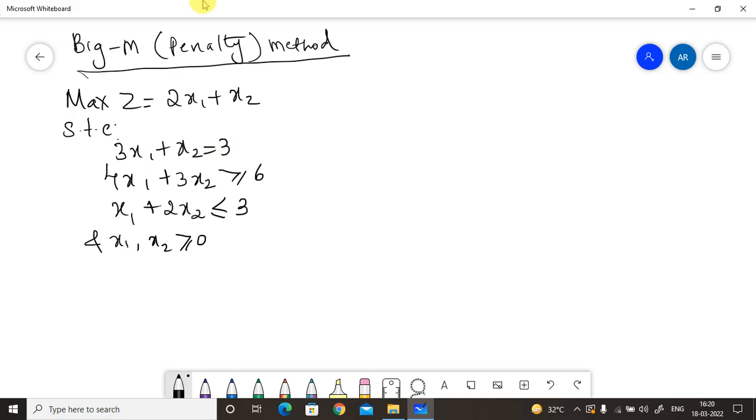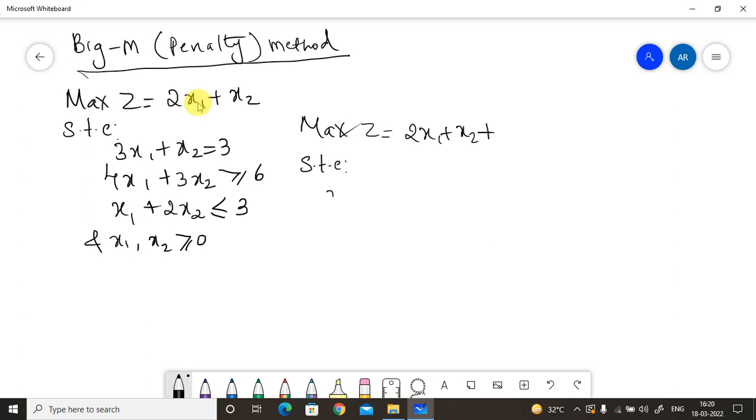First I will write max z equals 2x1 plus x2. I will write the rest later, once I write the constraints. So first I will focus on the constraints.